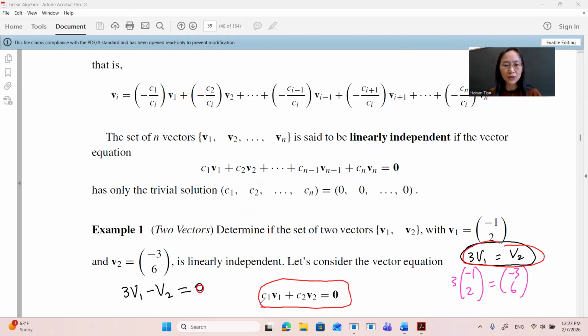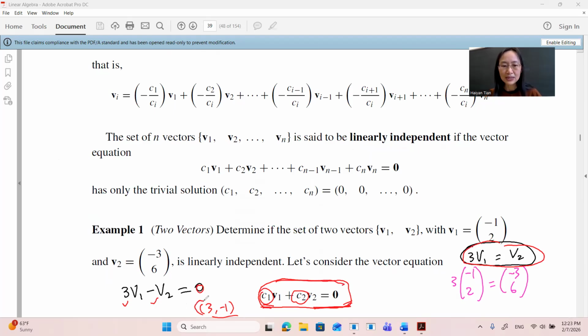If I try to solve a homogeneous system, we know the system has at least a non-trivial solution. That means (3, -1) is a non-trivial solution. You see, when c1 is 3 and c2 is -1, that makes it 0, right?